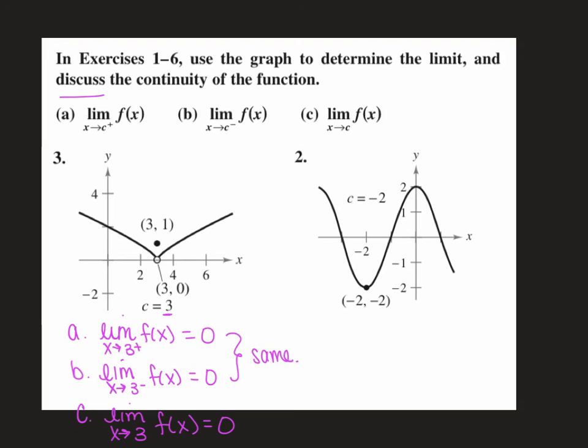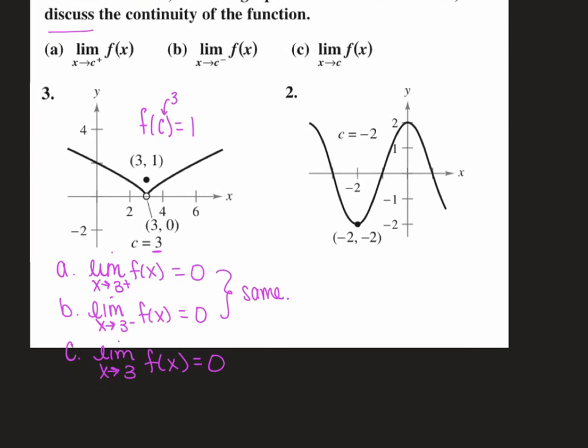So if we look at our point here, our function value, or what we could call f of c, equals 1, because that's really like f of 3. That's our c value. So for this to be continuous, our function value and our limit must be the same. Okay, so let's keep that in mind.